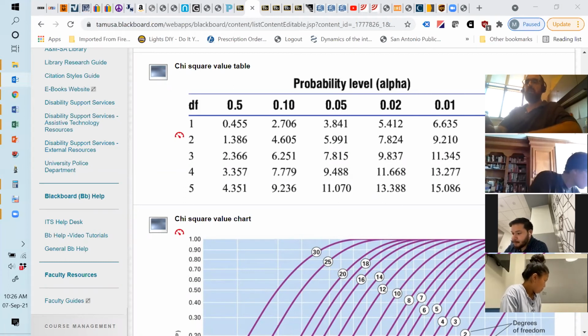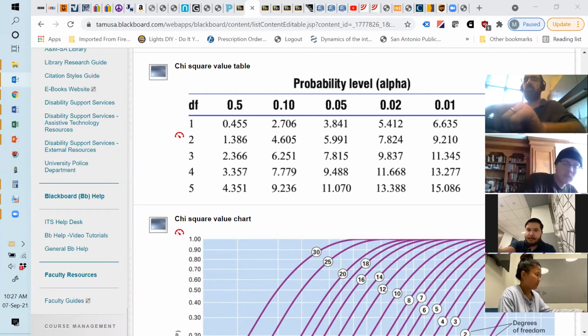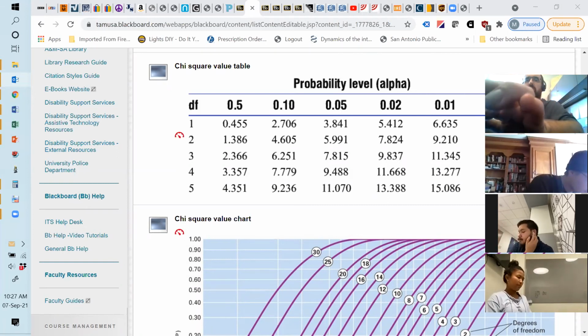But what it means is that a p-value of 0.05 equals a 1 in 20 chance that your result occurred randomly. So a fairly small probability.